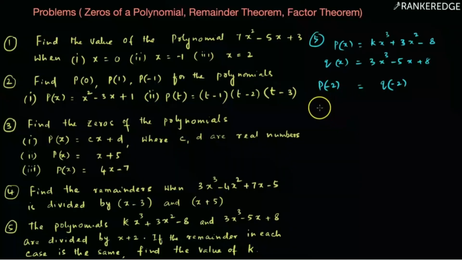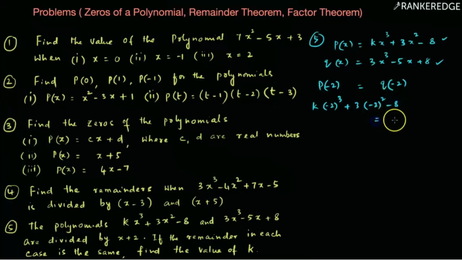So p of minus 2 is what? I substitute minus 2 in this polynomial, and q of minus 2 I get by substituting minus 2 in this polynomial wherever I see x. So let's find p of minus 2 and q of minus 2 and equate. k into minus 2 whole cube plus 3 into minus 2 whole square minus 8 is equal to 3 into minus 2 whole cube minus 5 into minus 2 plus 8.